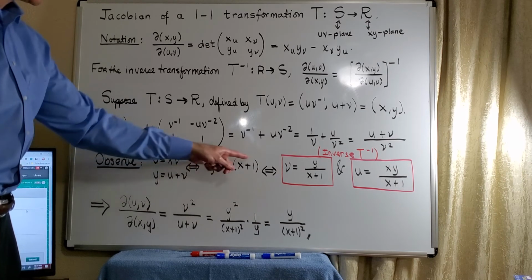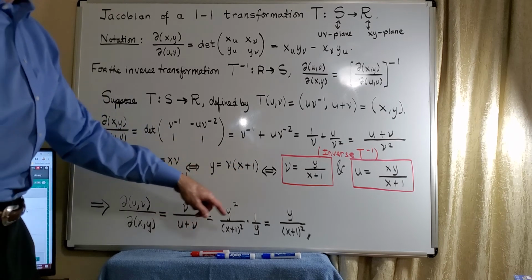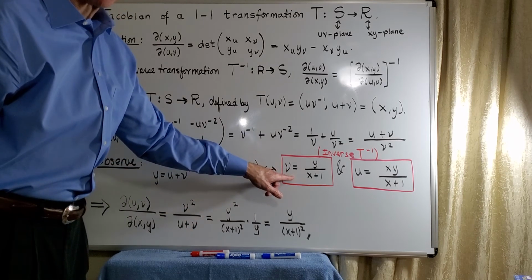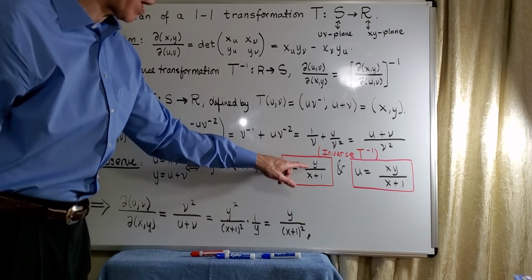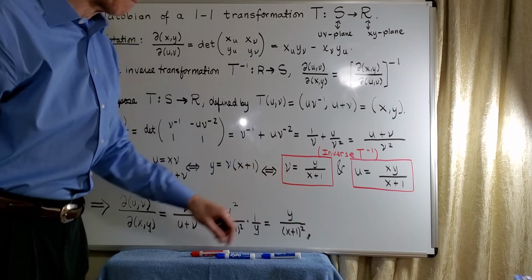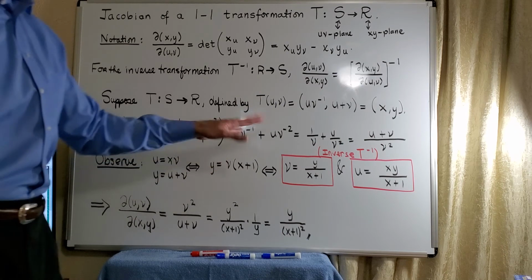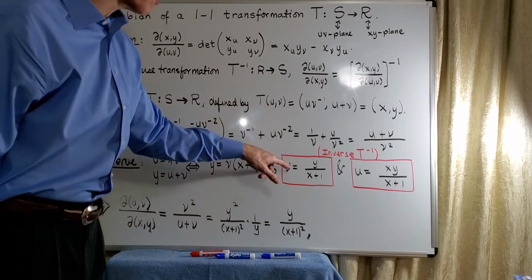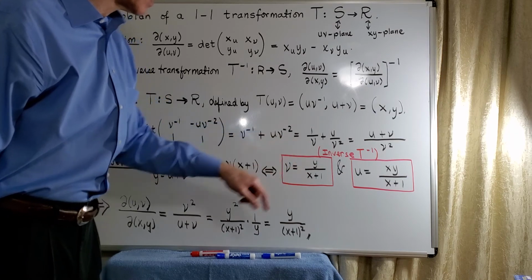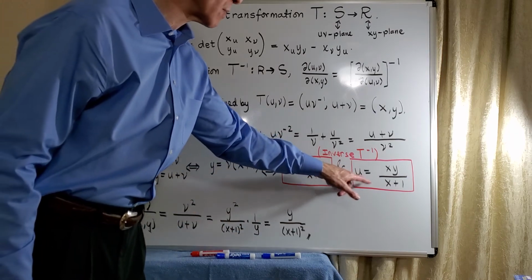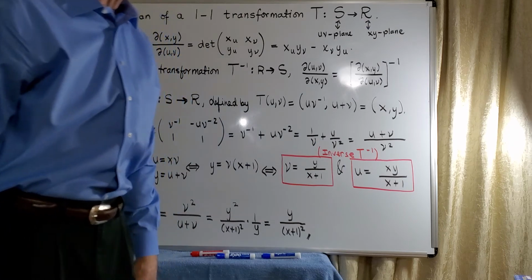Then we can divide by x plus 1 and have a formula for v. That is, v is equal to y divided by x plus 1. And now of course u equals xv, so all we have to do is multiply v by x to get u, and that will give us u is equal to xy divided by x plus 1.